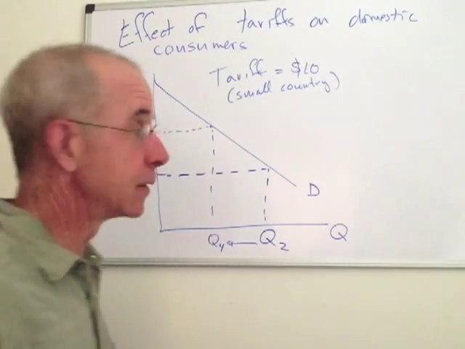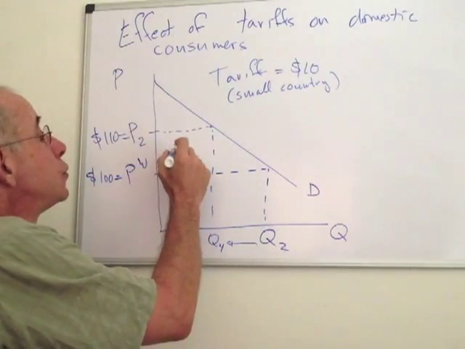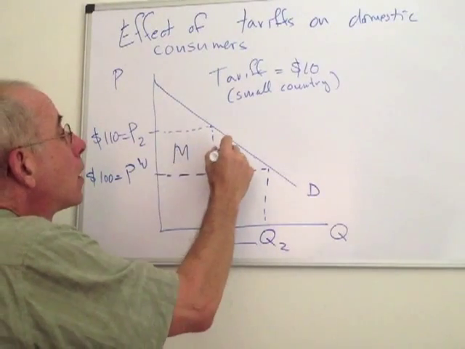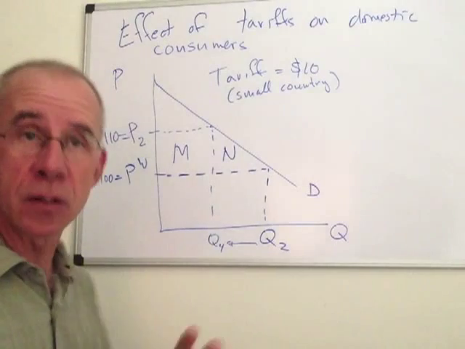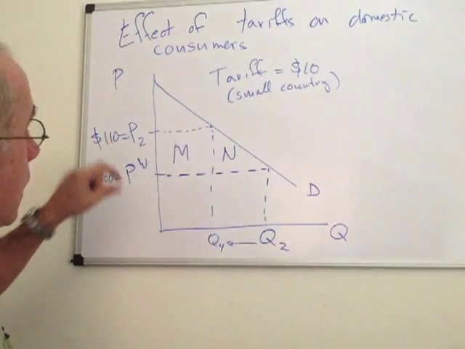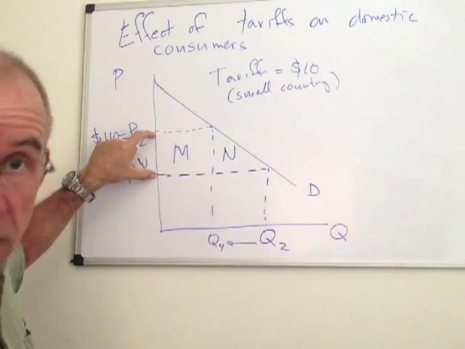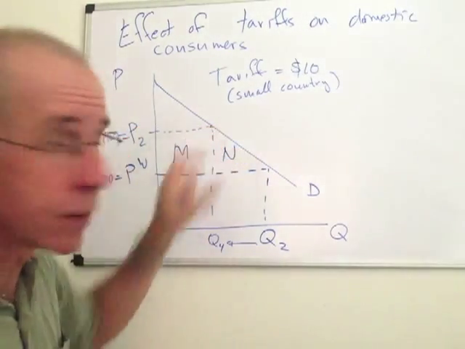aspects of these effects. Now, generally speaking, the loss in consumer surplus is defined by the area between the difference in the price over to the demand curve.